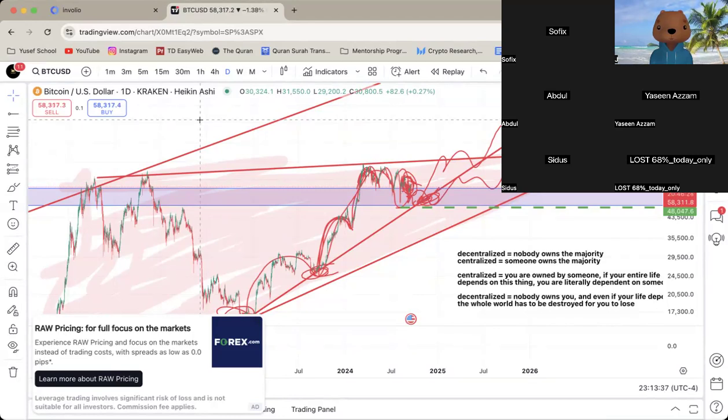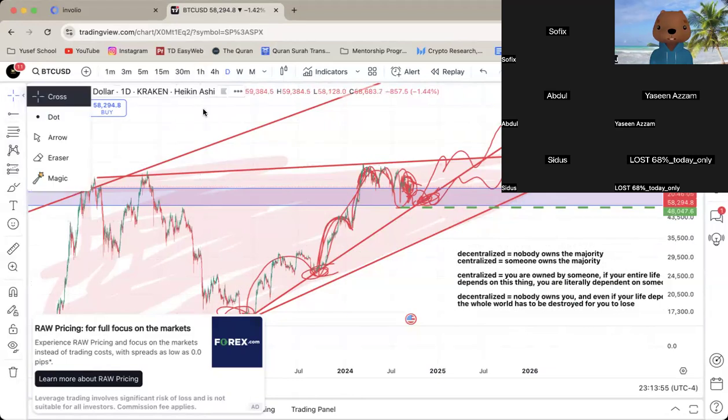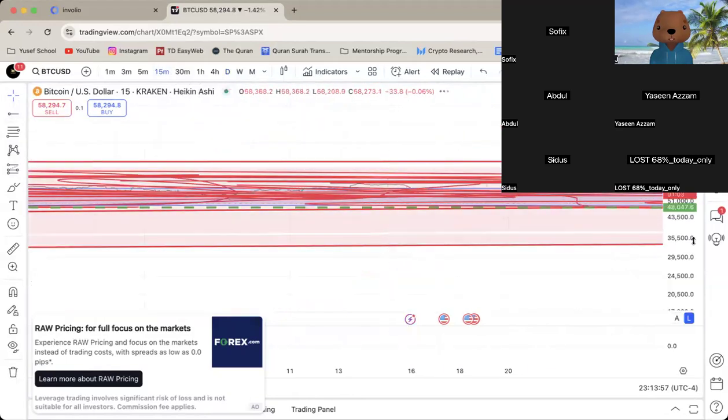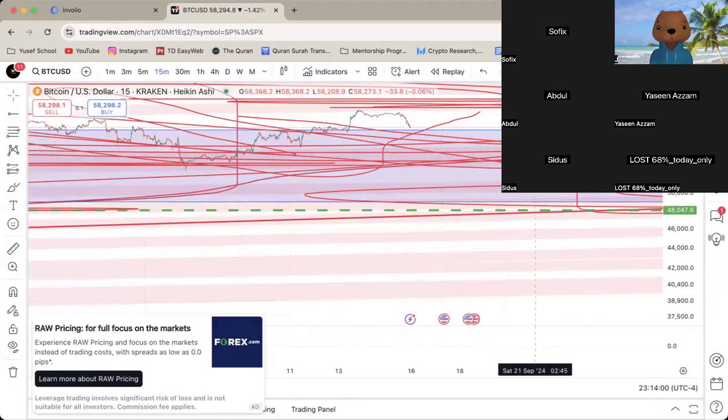Okay. Now, we got this on the high time frame. Let's do the low time frame quickly, just so we can run through the other parts of the call. I hope you guys understand the decentralized and centralized stuff, but let's do a lower time frame. Let's choose 15-minute.